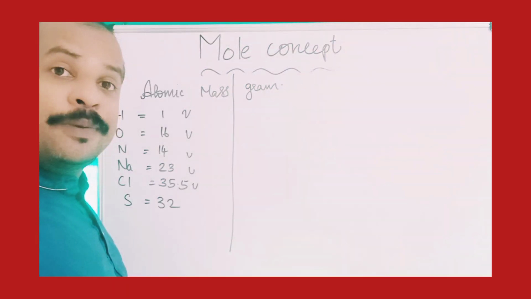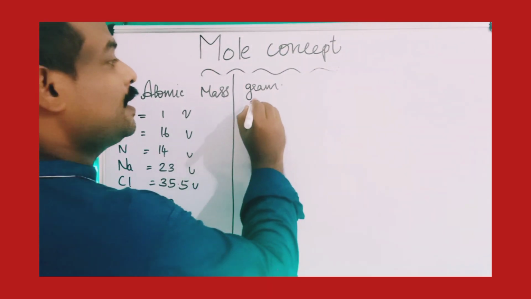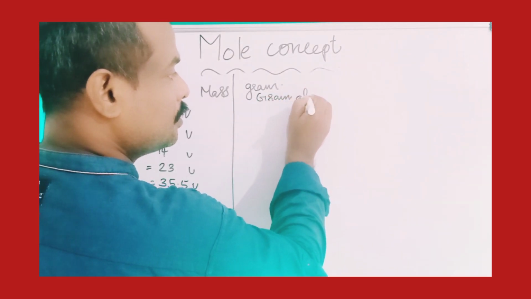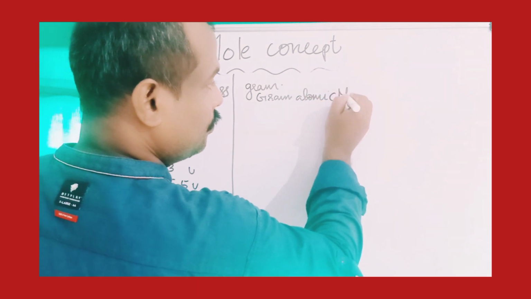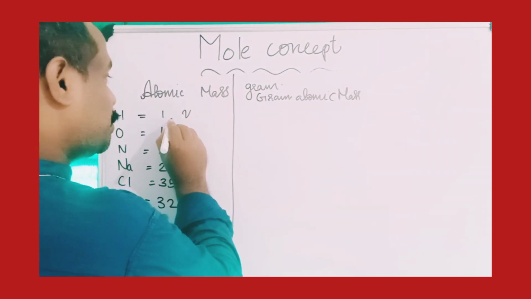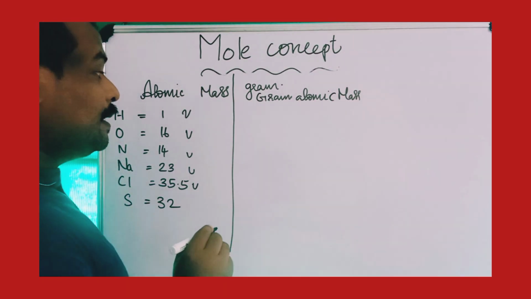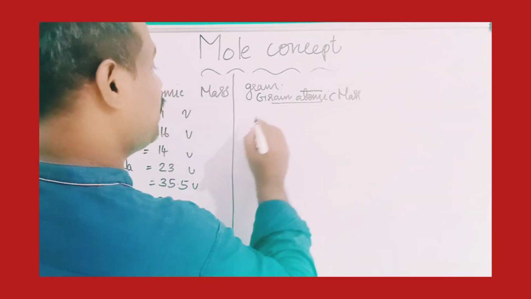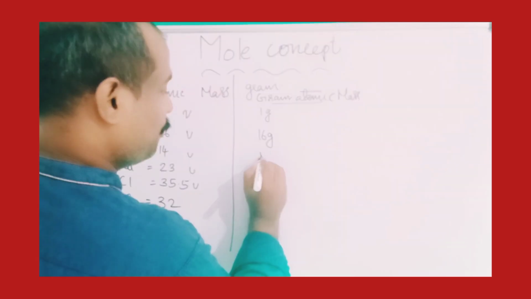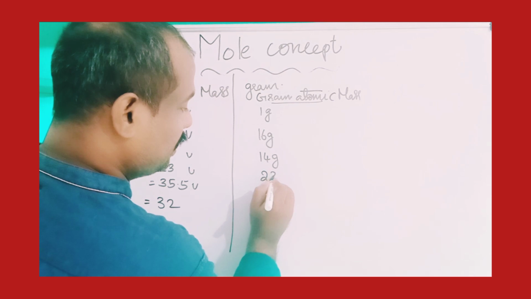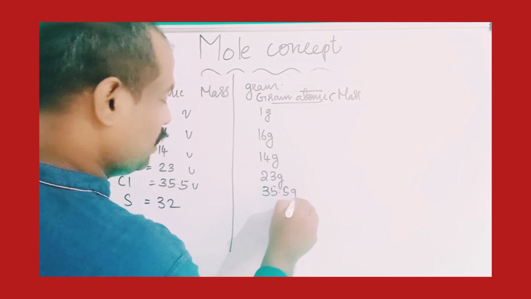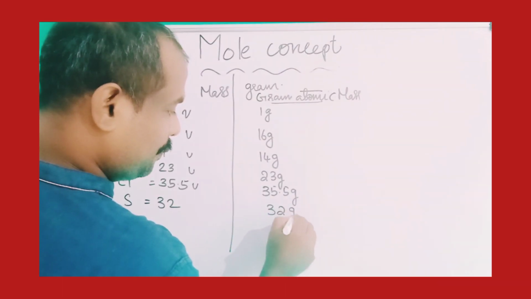If we express the atomic mass of elements in gram, we can call it gram atomic mass. 1 gram hydrogen, 16 gram oxygen, 14 gram nitrogen, 23 gram sodium, 35.5 gram chlorine, and 32 gram sulfur.